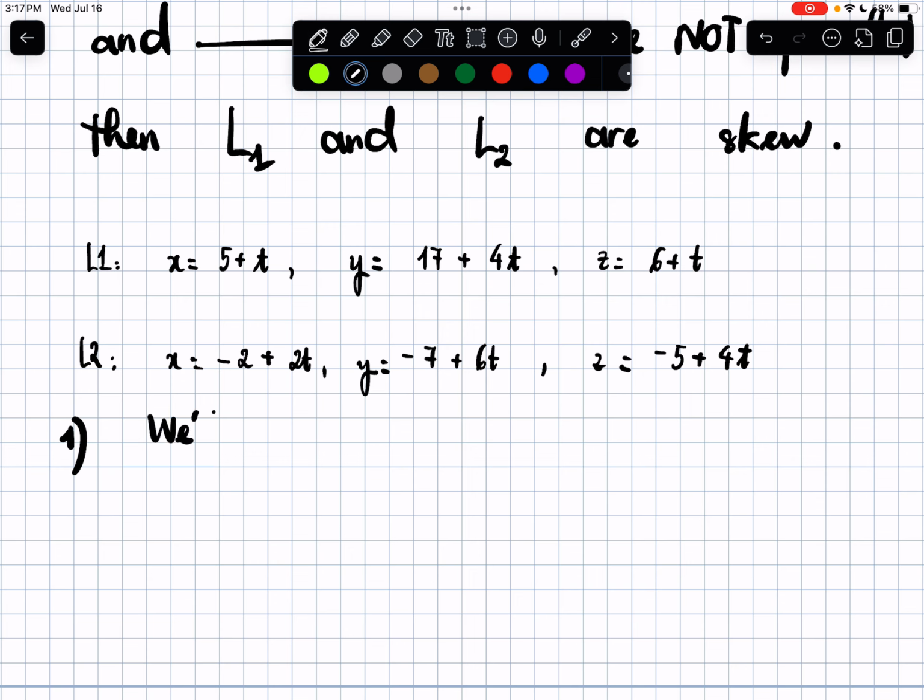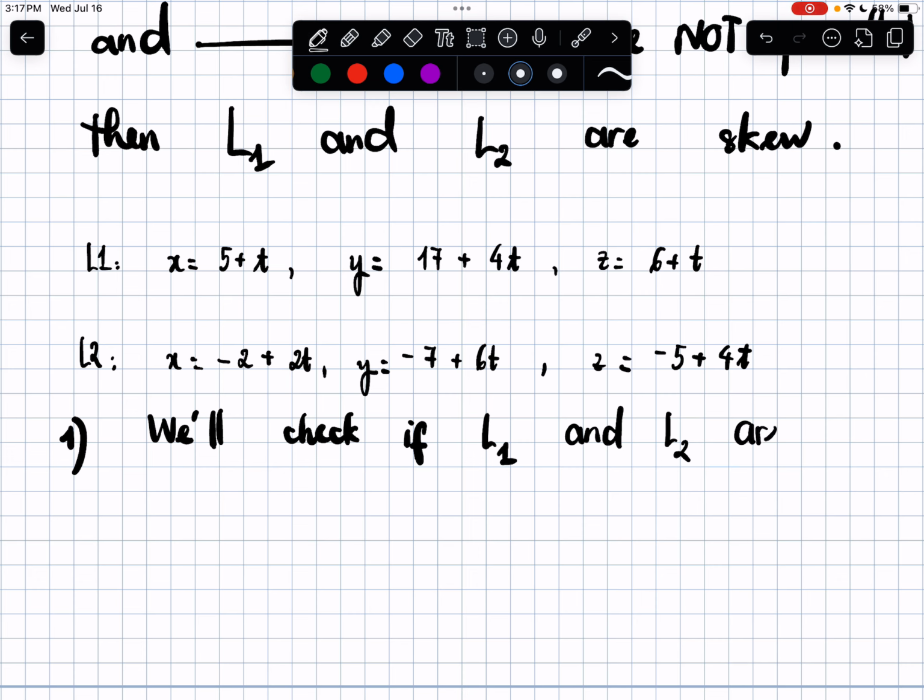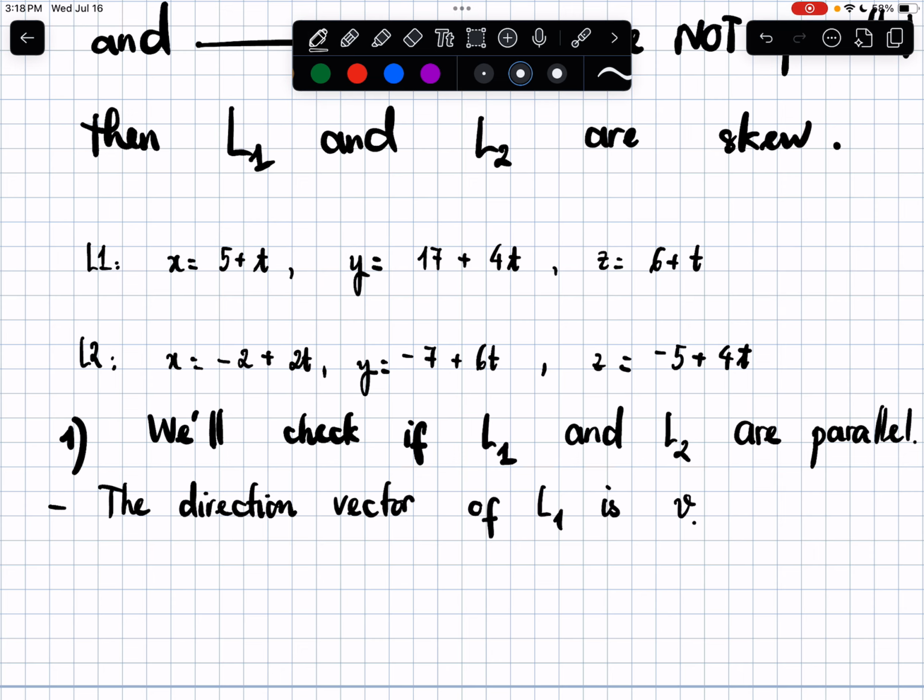We check if L1 and L2 are parallel. The direction vector of L1 is V1 equal to 1, 4, 1, just the coefficients of the parameter here.